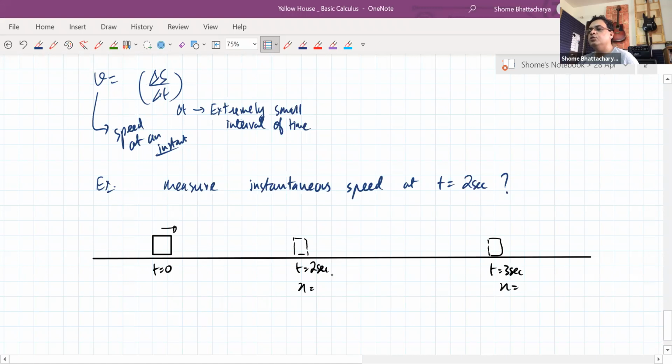What's going to help me more is if I know the value of x at a time which is slightly greater than t, where delta t is a very small interval of time. If I know this distance from here to here, that's going to be of immense help when I'm trying to calculate. So over here, this small distance divided by this small time will be the instantaneous speed.